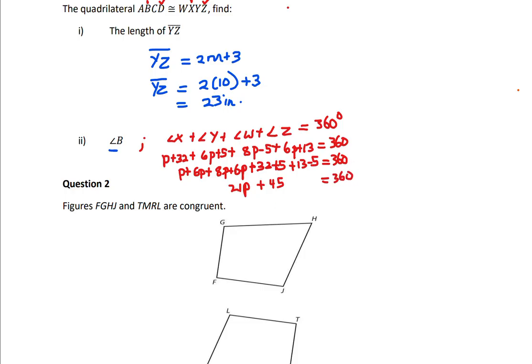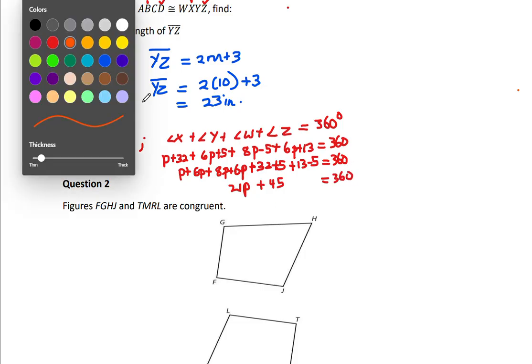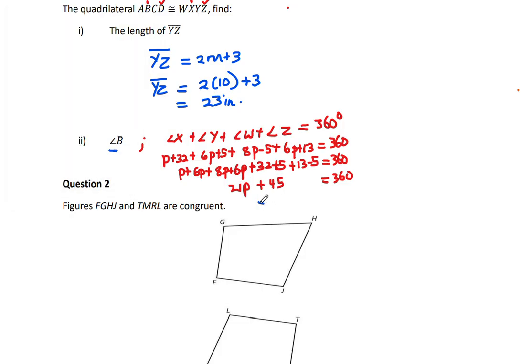What we're trying to solve for here is P, because once we know P, life is easy from there. Since 45 is added to the P term, we're going to do the inverse of adding 45, which is to subtract 45 from the left side of the equation so as to get rid of this 45. What you do to one side of an equation, you have to do to the other side as well.